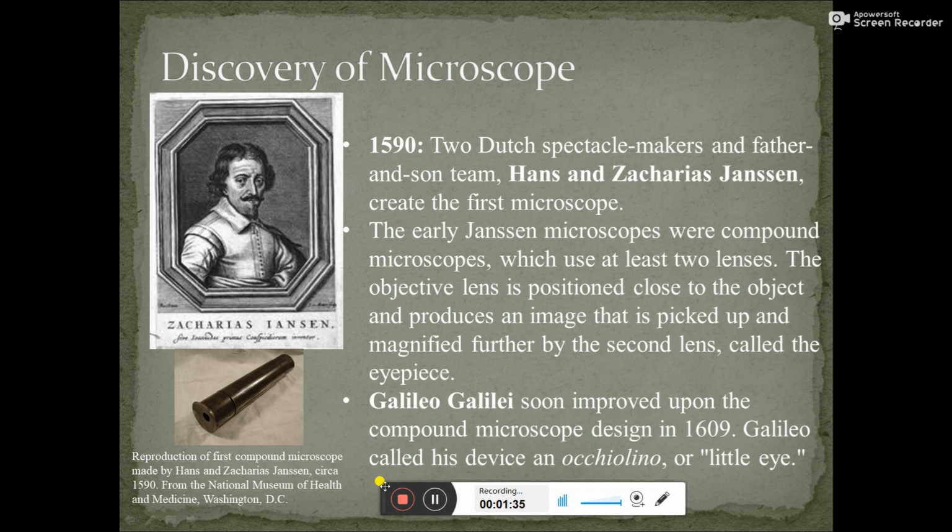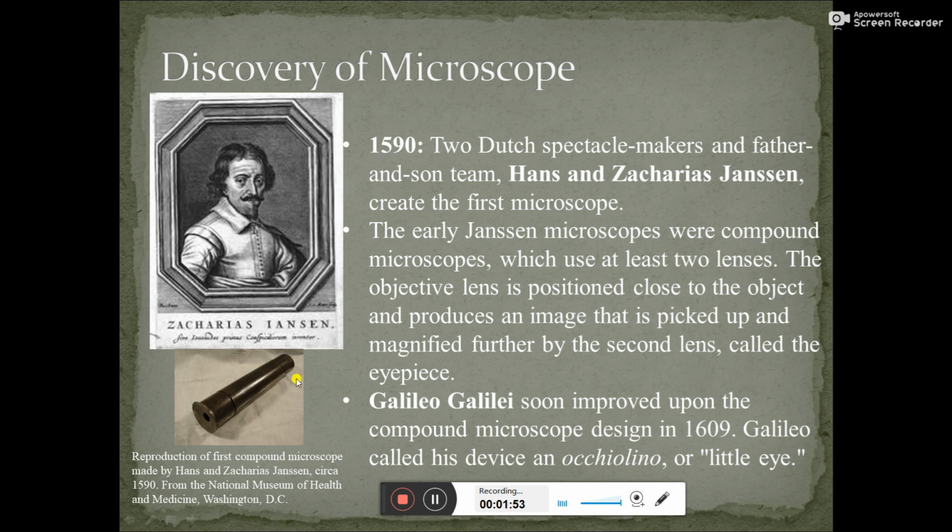So, a compound microscope is a microscope which uses two lens systems. And the first microscope, which was discovered by Zacharias Janssen, was mainly a compound microscope. So, the first objective lens based image was further magnified by the eyepiece lens.